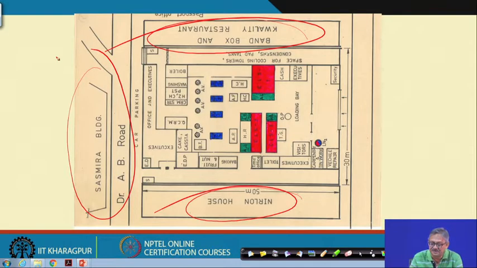Here you see the primary things: the product is coming, going for mixing, and after mixing it is going for pasteurization and then homogenization.